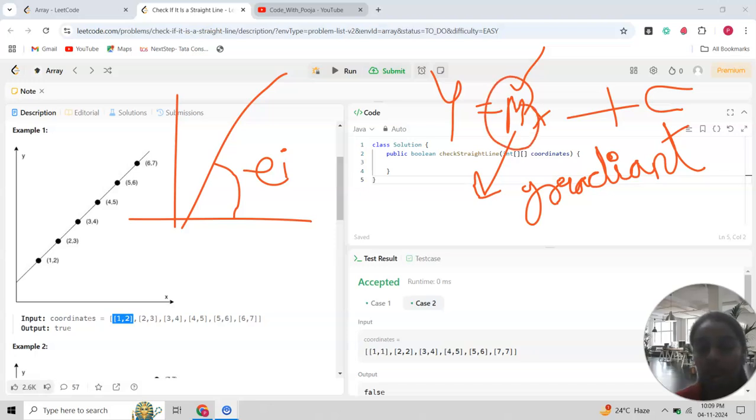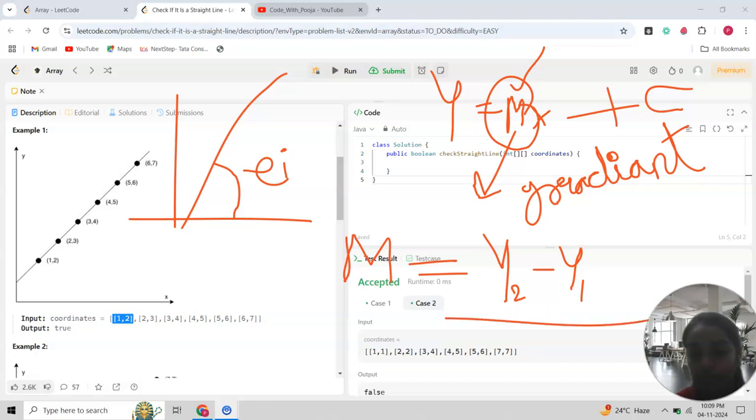There are many ways to find the slope of a line, but the most common one, which we will use here, is y2 minus y1 divided by x2 minus x1.